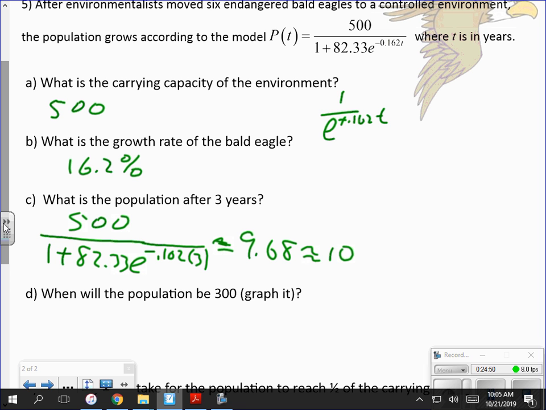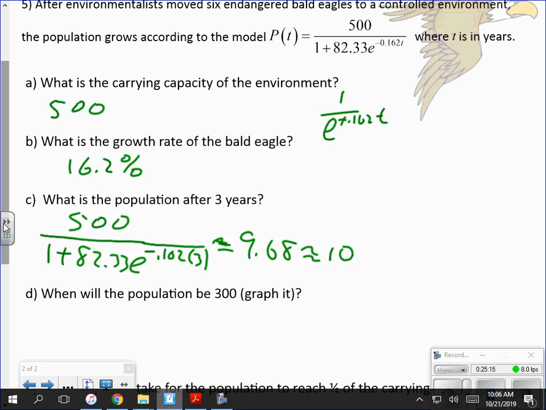You can round up or round down. It really doesn't matter because it's not going to be exact anyways. It's about 10 birds. It's more than 9.5, which is closer to 10 than 9, right? Because it's not like it's an exact value. You hope that's what you have. You'd be looking at a few more than that.